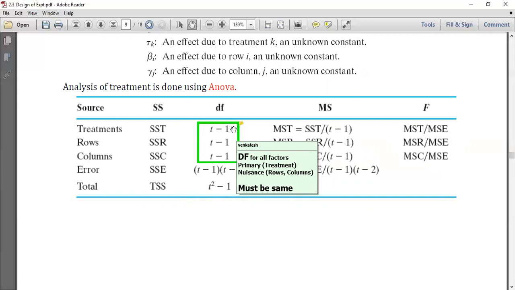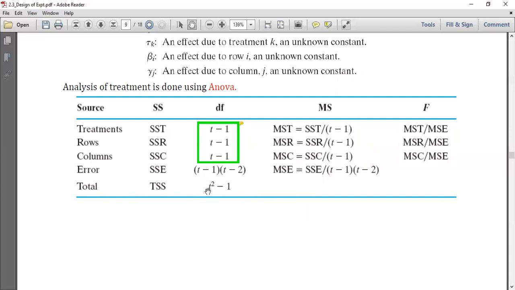The reason is the treatment has T number of levels, T levels we have. Similarly, for other factors also it is the same. The levels are the same. Since the levels are the same, their degrees of freedom are also the same. That is level minus 1. And the total degrees of freedom will be t square minus 1, the number of experiments minus 1.